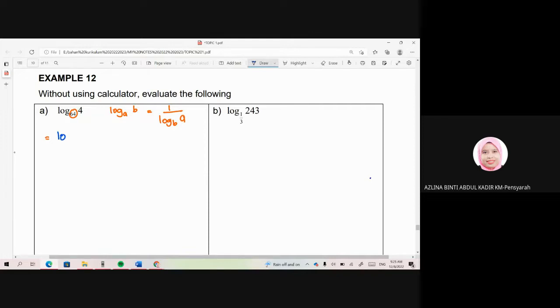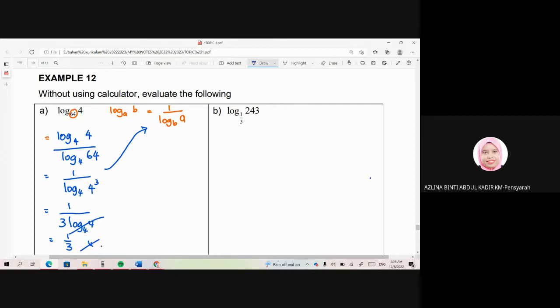Change to base 4. So log 4 base 64 is 1 over log 64 base 4. 64 is 4 cubed. So 1 over 3 log 4 base 4, that is equal to 1 over 3.